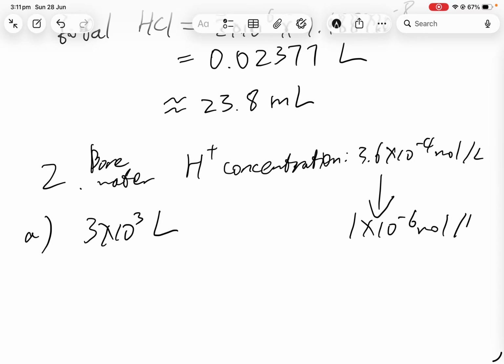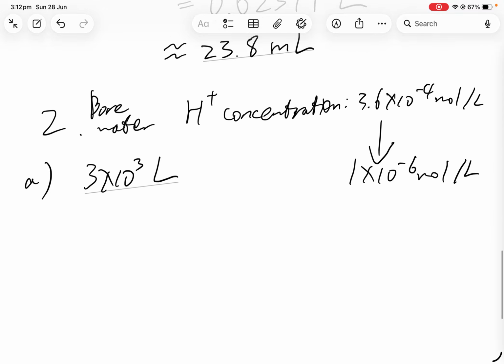moles per liter. So we can do the pH way or the actual concentration volume way, because now that we have moles, we can use them. Because we have volume and also moles per liter, which is concentration, we can use the mole formula for this question.